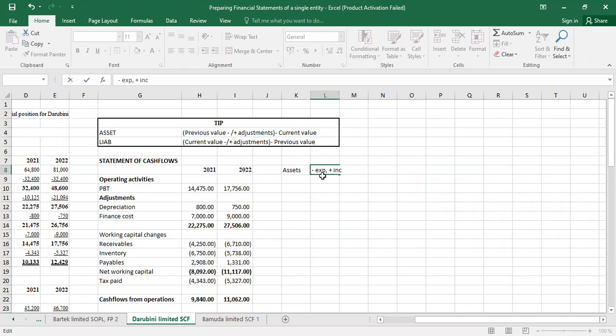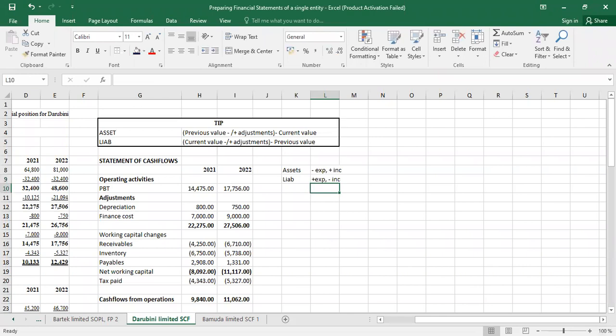Okay, let me just put something in front of it, isn't it? Then for liabilities, we add the expenses, comma, and we less income.